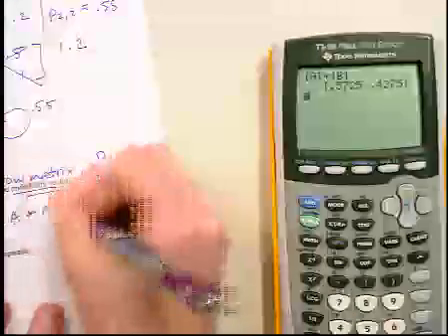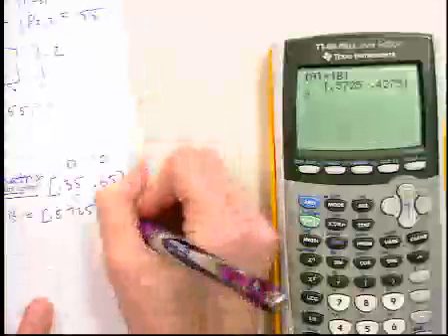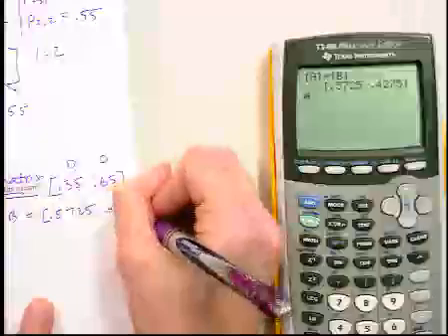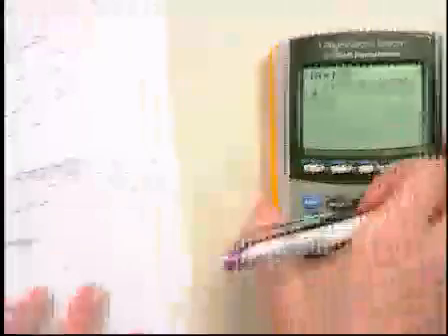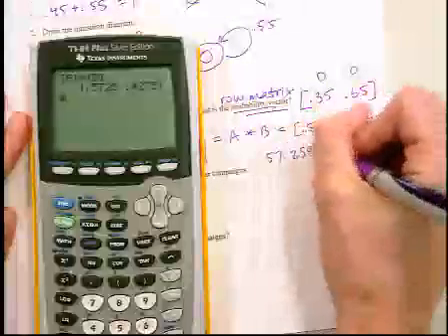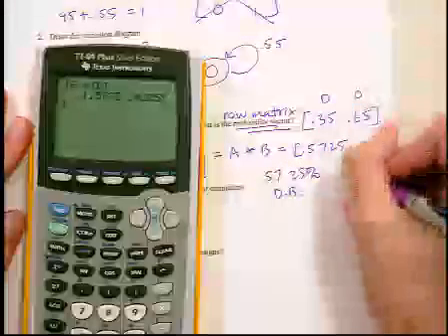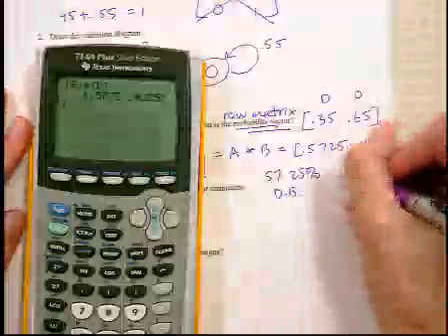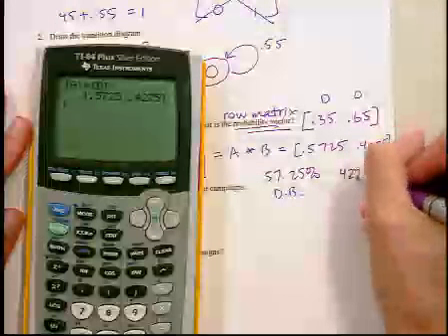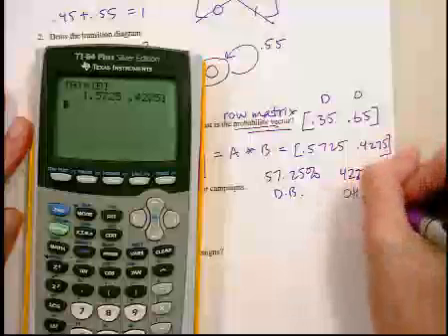We get 0.5725, 0.4275. If I write that down in percentages, we now have 57.25% Dutch Brothers and 42.75% other.